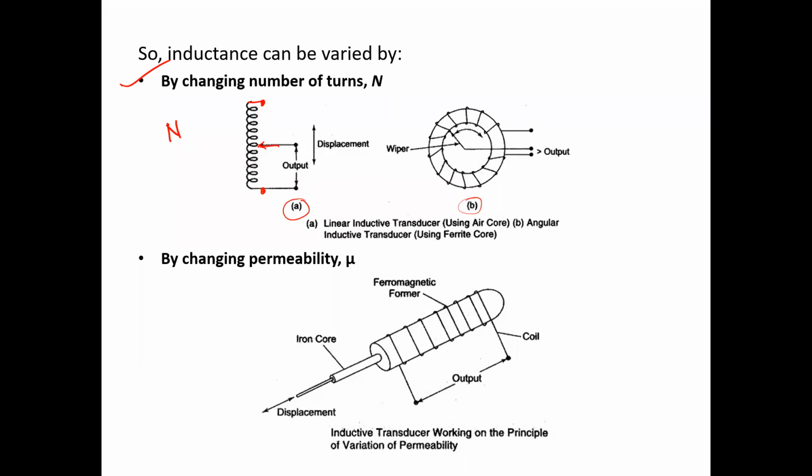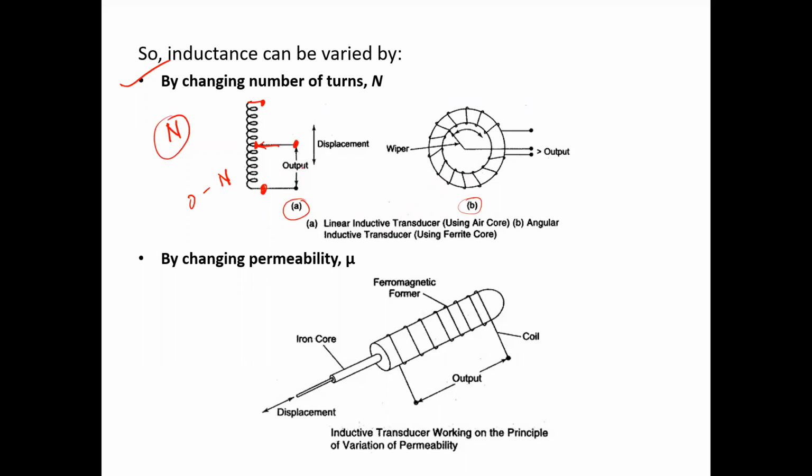Depending on the position of this moving contact, the effective number of turns will vary from 0 to n. So the inductance from this point up to this one will also change from 0 up to the maximum limit, which is for the total number of turns n.